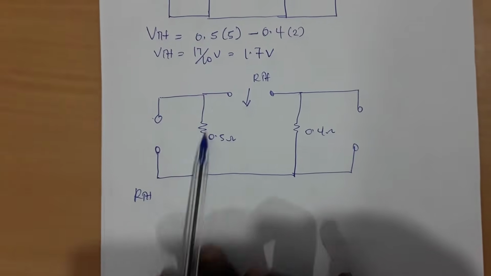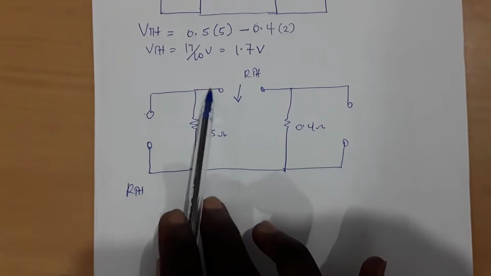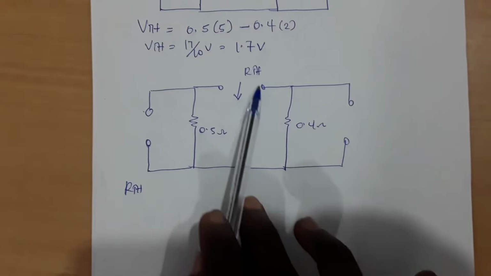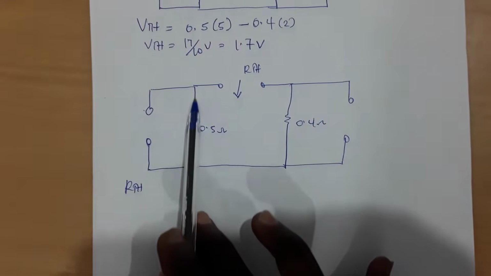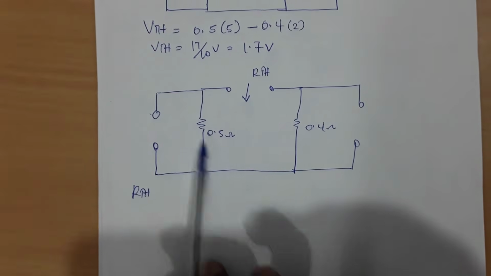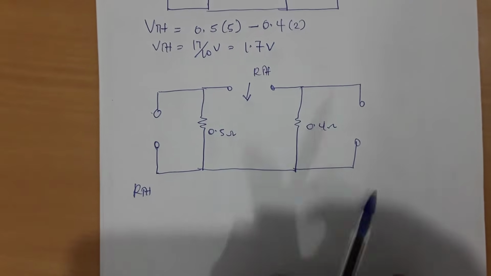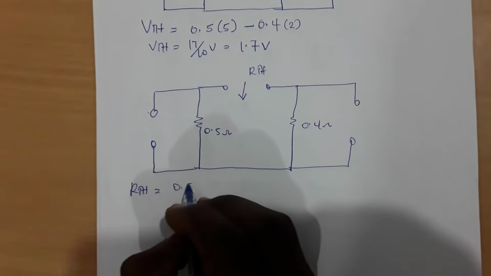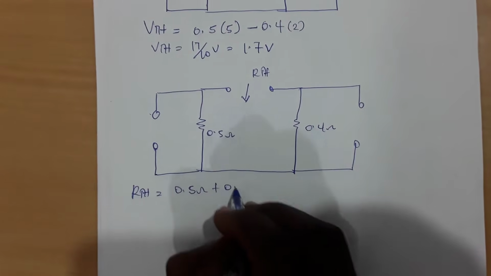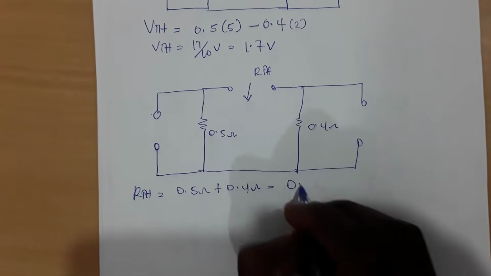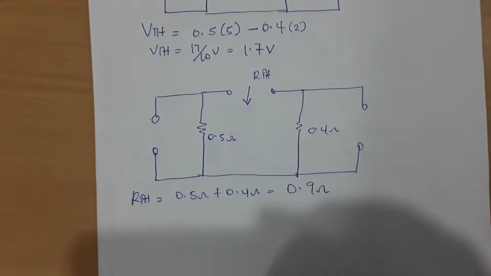This and this will be in series because the current flowing through, let's say there's a voltage source here providing a current, the current that will flow through this 0.5 ohm will be the same current to flow through this 0.4 ohm. So it will be 0.5 ohm plus 0.4 ohm, which is 0.9 ohm.